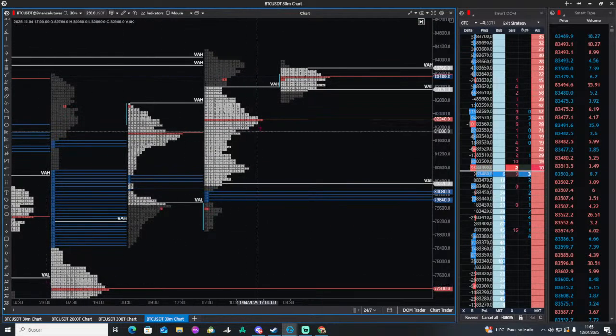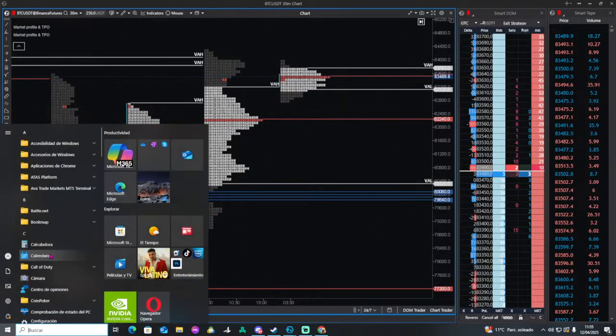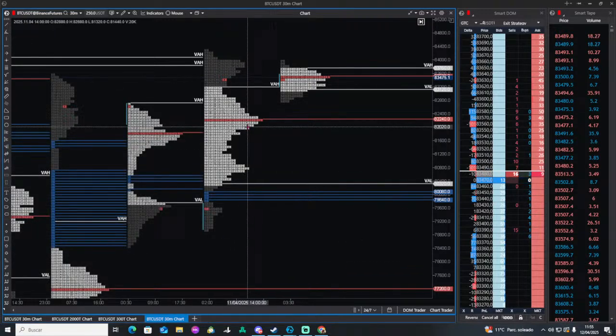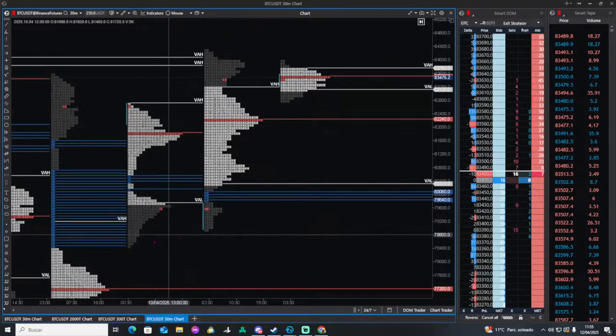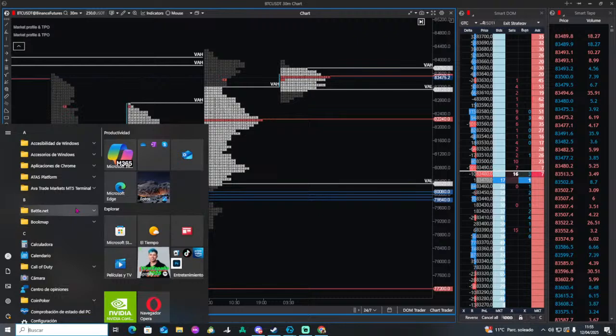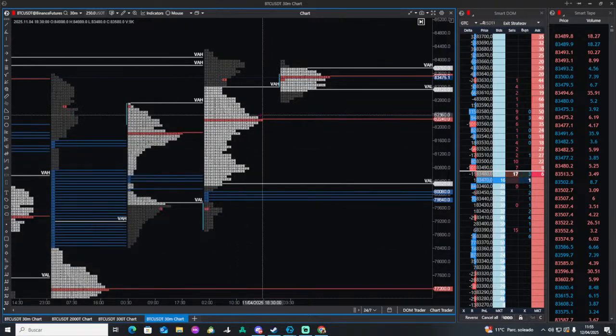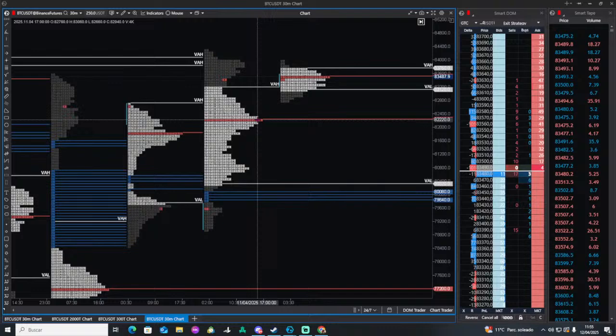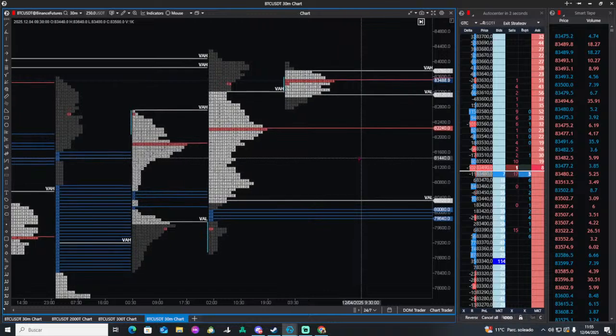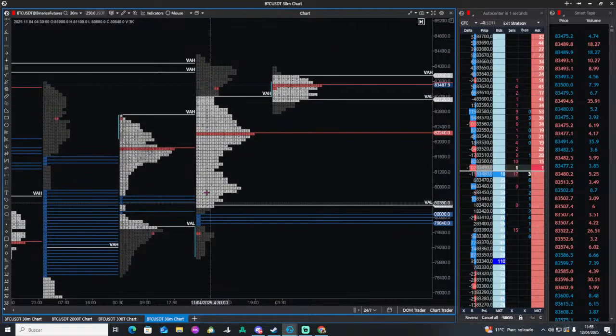This is the node of maximum time spent. You need to understand that the red line is where the most time was spent. We are talking about a profile with time, so this is time based: how much time we spend at a price.